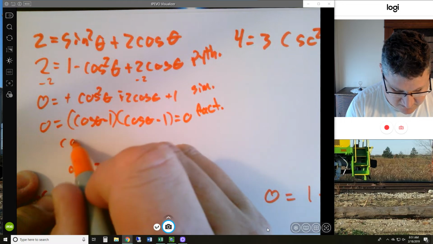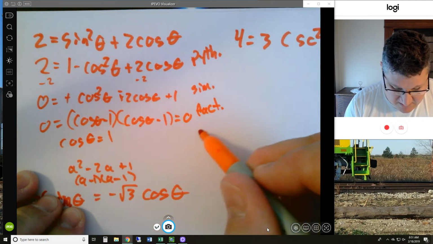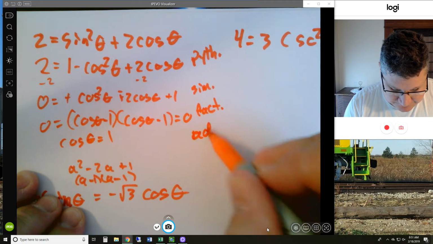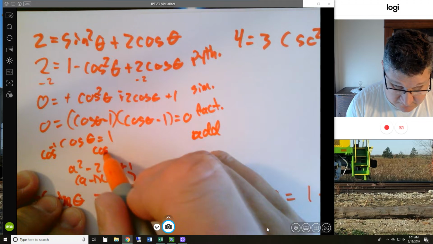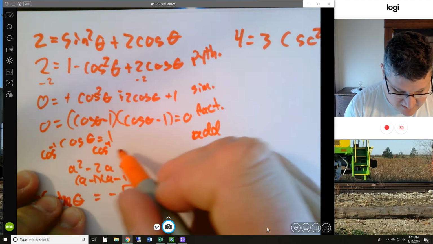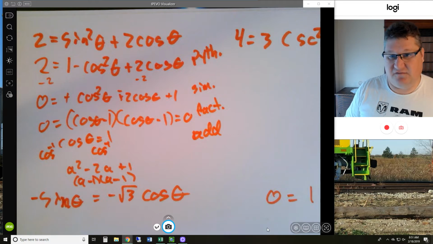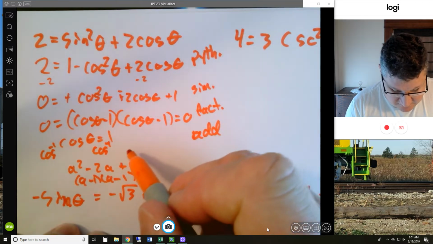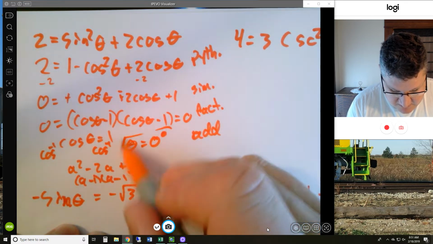And then we're going to say cosine theta equals positive 1 by addition. And so cosine inverse. And so where is the cosine inverse positive 1? The cosine inverse of theta is going to be positive 1 at 0 degrees. So your answer here is theta equals 0 degrees.